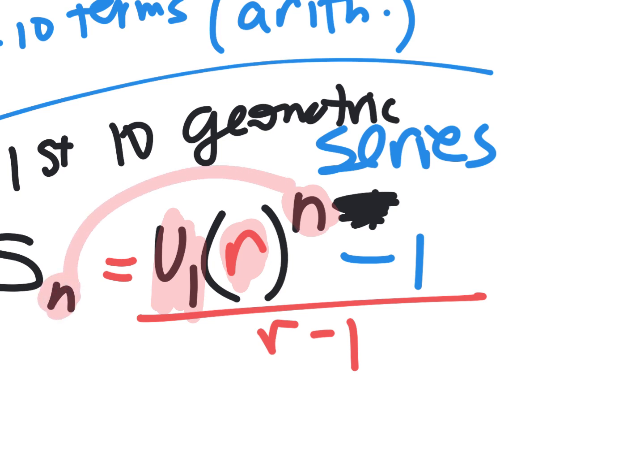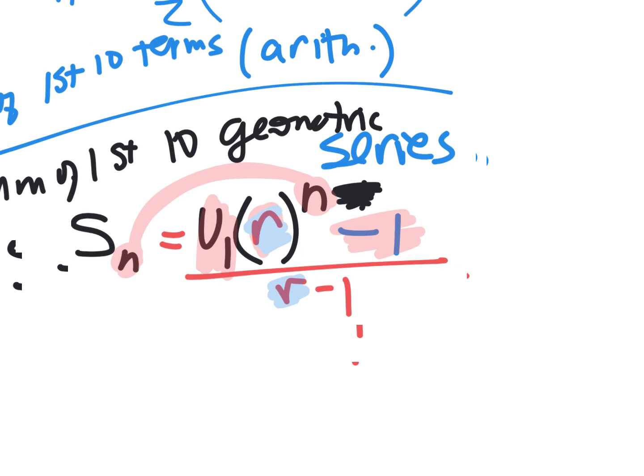It's a subscript number. So if you want to do the sum of the first 10 terms, then your n is 10. Everybody can minus 1. And then it's over R again. It's the same R as this. So if you got the R there, you got the other R. All right, so it's all about just knowing what R and n and U sub 1 mean so you can stick them in.